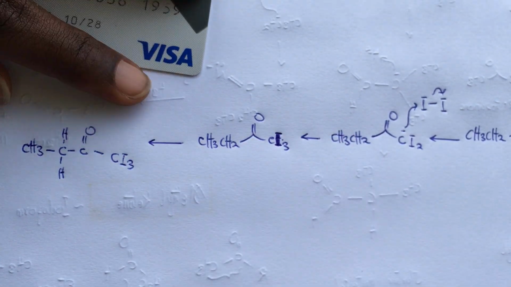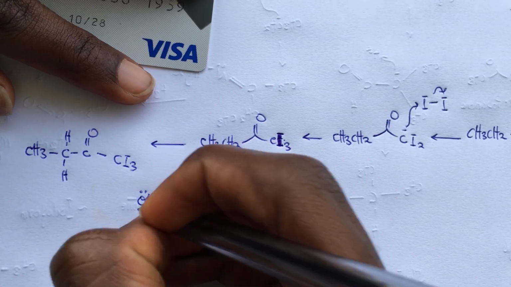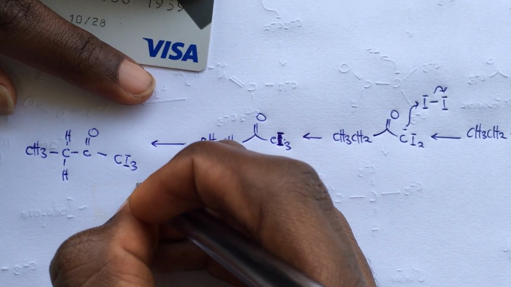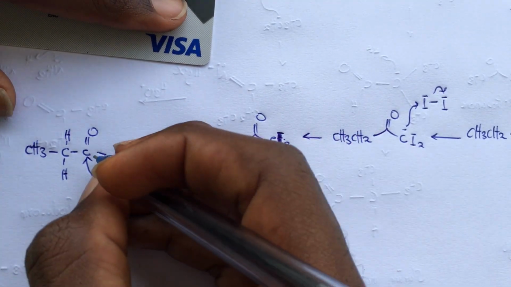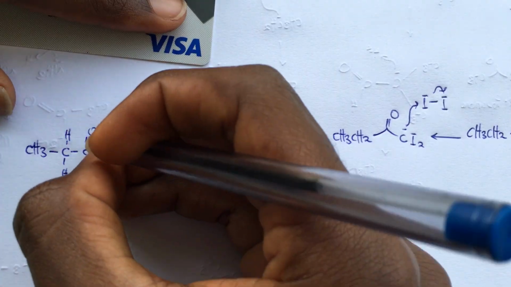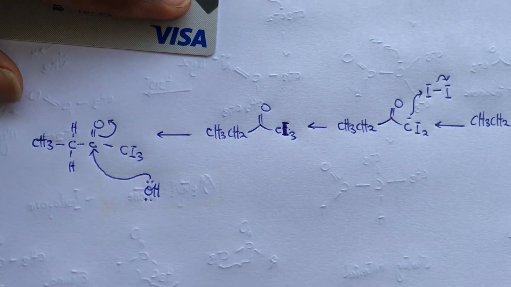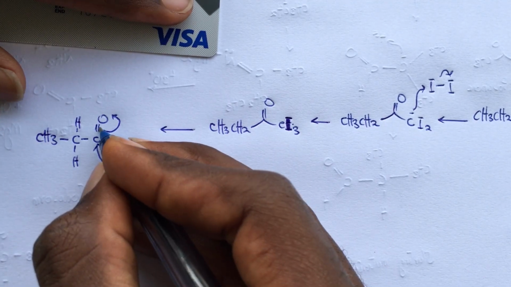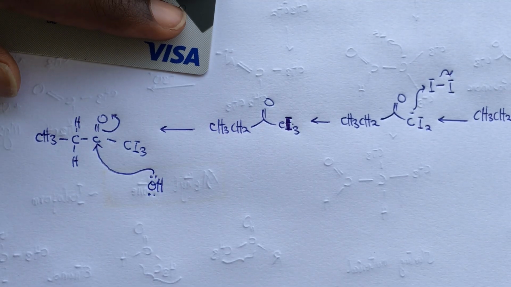So from there, because you're having a lot of OH minus, this OH minus will attack this carbon, because this is the next electropositive atom. It will attack this carbon, and now you are going to have the electrons from the pi bond moving onto this oxygen.